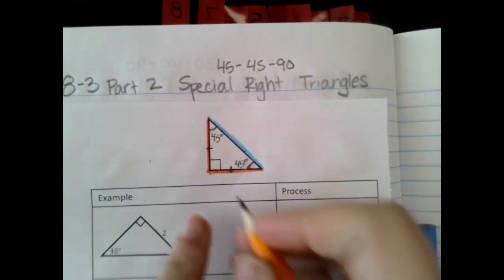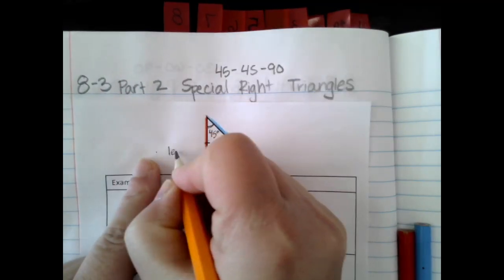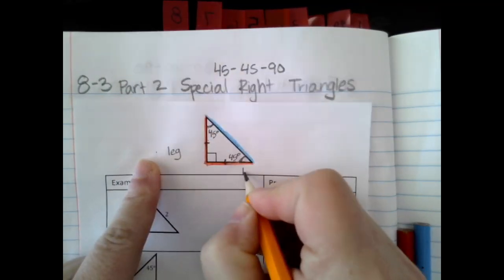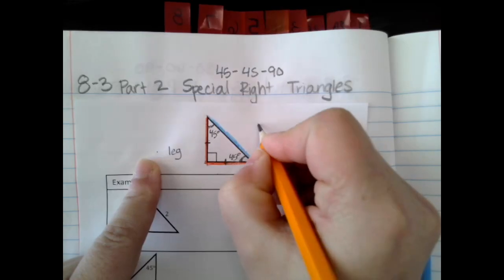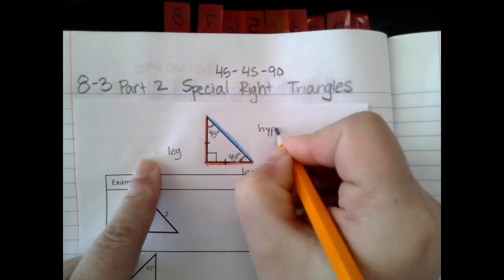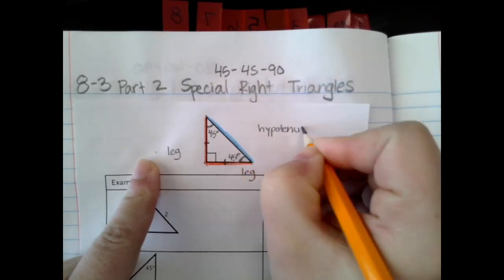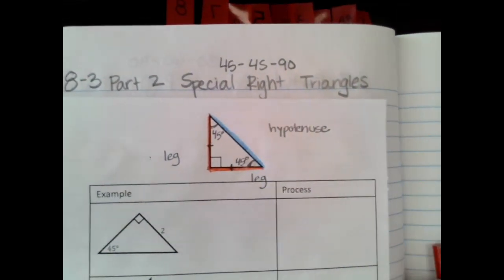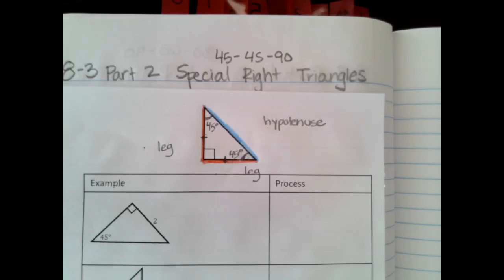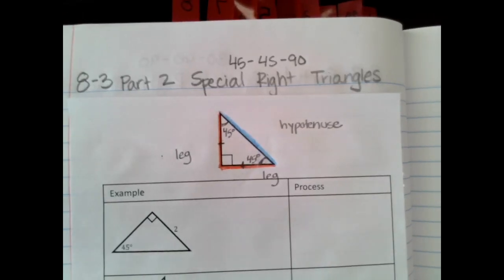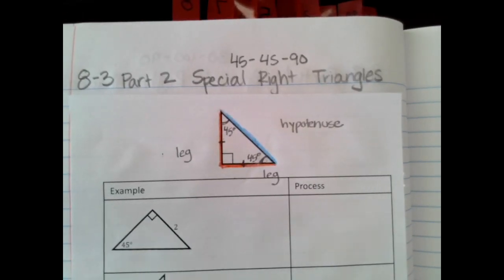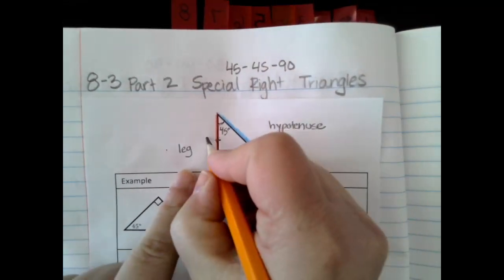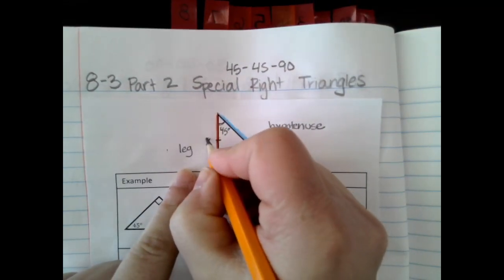Alright, so for our legs, we have our leg and leg. And then we have our hypotenuse, which is across from that 90. Okay, and in this one, our legs are going to be our x's. So we have an x and an x.